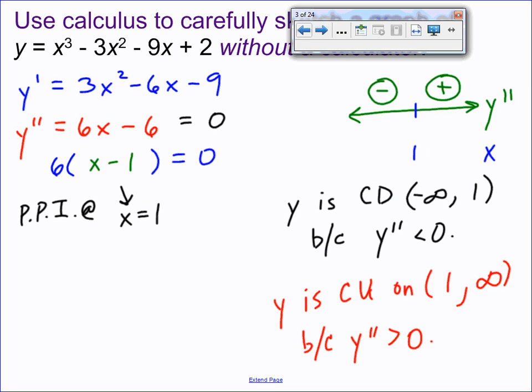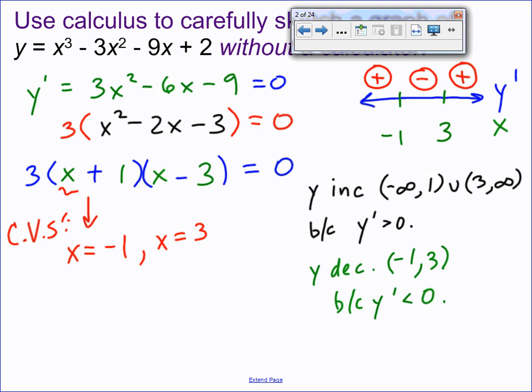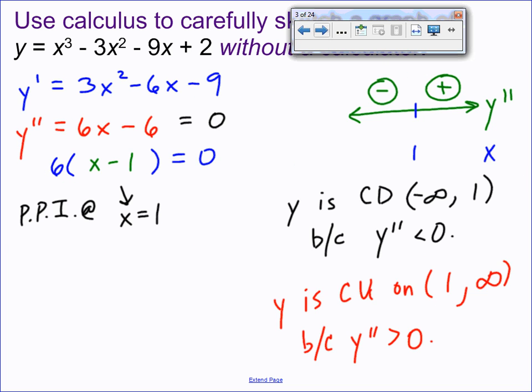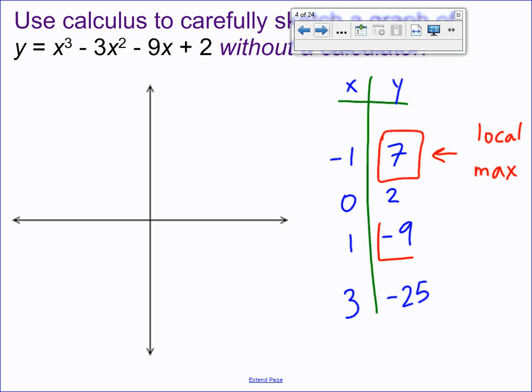We saw that at x equals 3, y has a local minimum because y prime changed from negative to positive at x equals 3. So we'll label the y-coordinate as such. Negative 9 must be a local minimum. Wait, wasn't it 3?